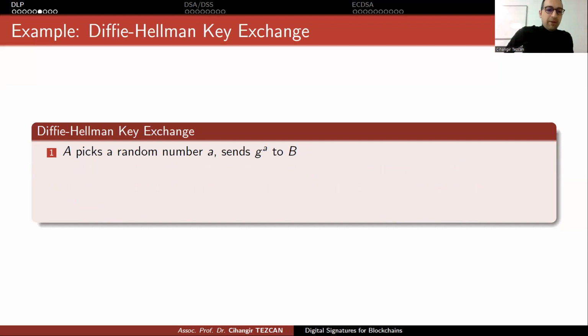So let me give you a few examples which are generally not used on blockchains, but I'm trying to show you where this discrete logarithm problem can be useful. So Diffie-Hellman key exchange is one of the basic examples where the security relies on the discrete logarithm problem. So assume the situation: A wants to talk to B in a secure way over the internet, but they haven't agreed on a secret key yet.